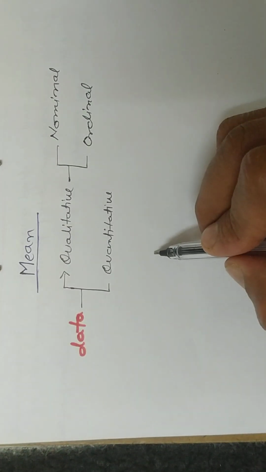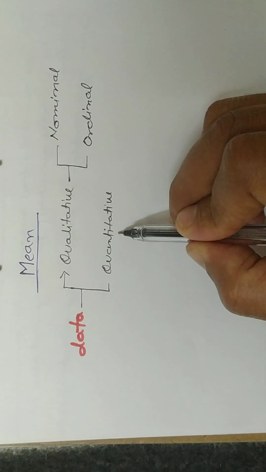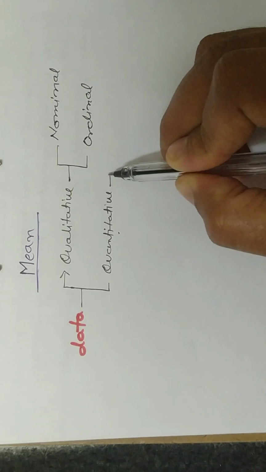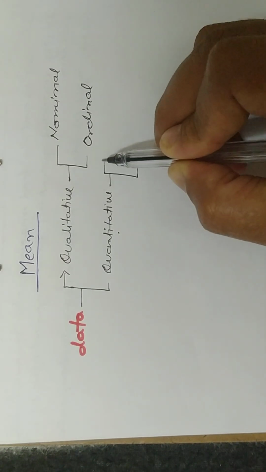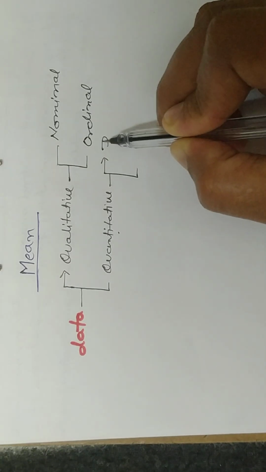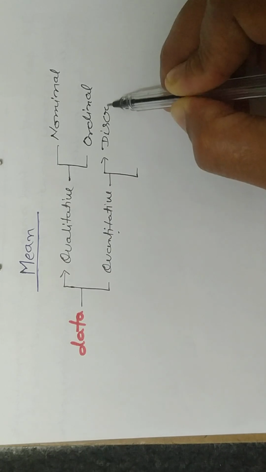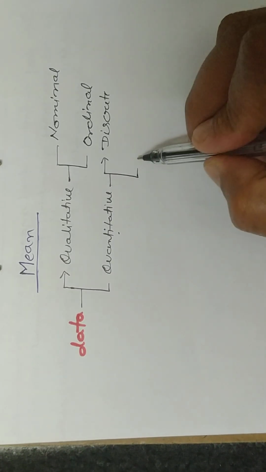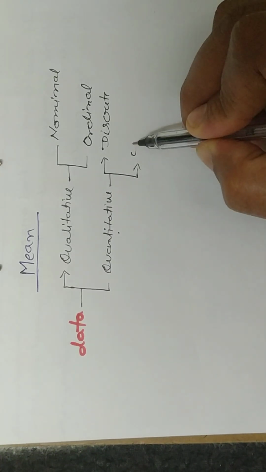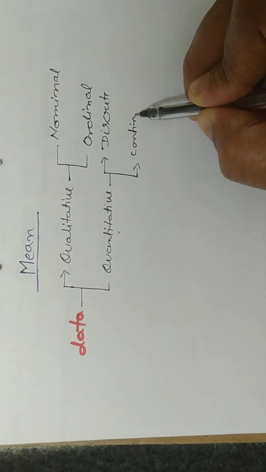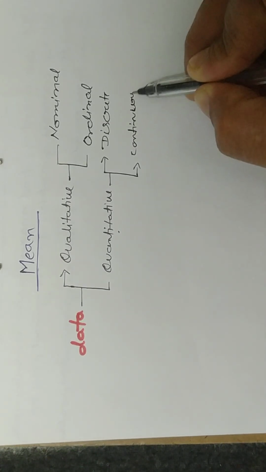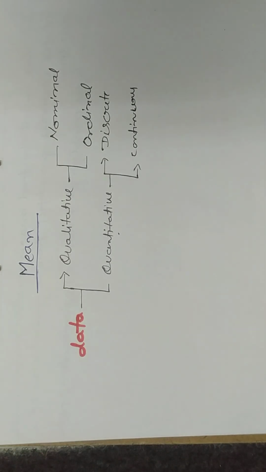But in case of quantitative data, it is divided into two parts. One is discrete and the other is continuous. Clear? So these are the subparts of quantitative data.